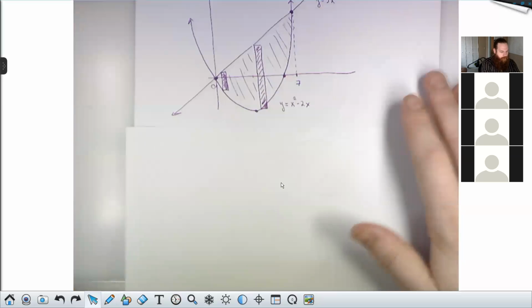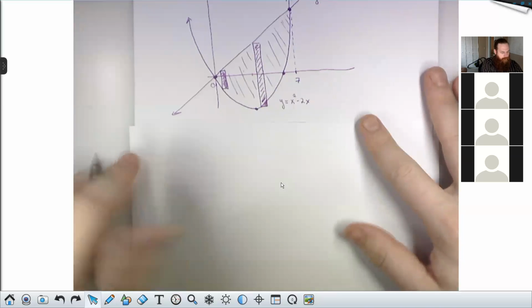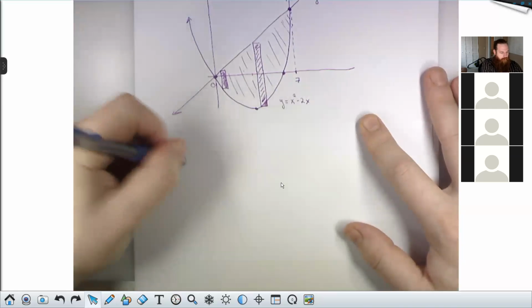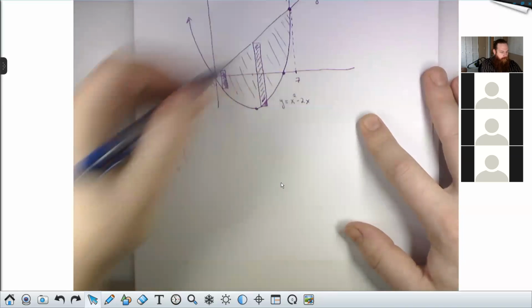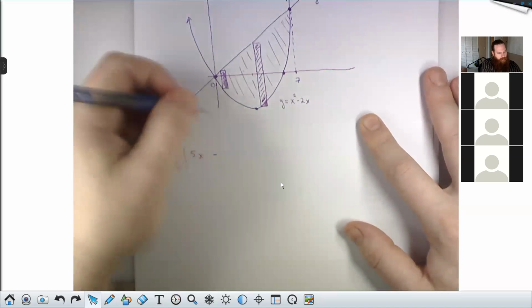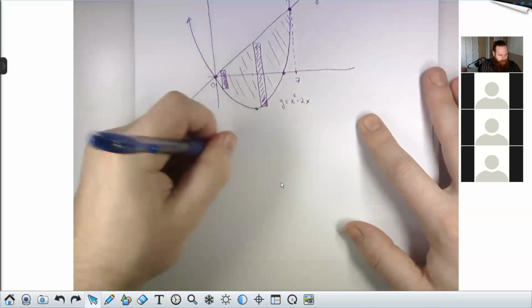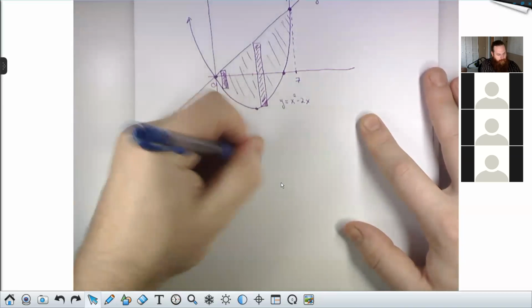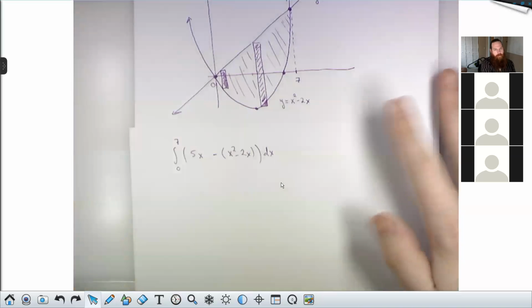So my integral will look like the integral from 0 to 7 of the upper function here, 5x, minus my lower function, which is x squared minus 2x. And this is all being integrated dx.